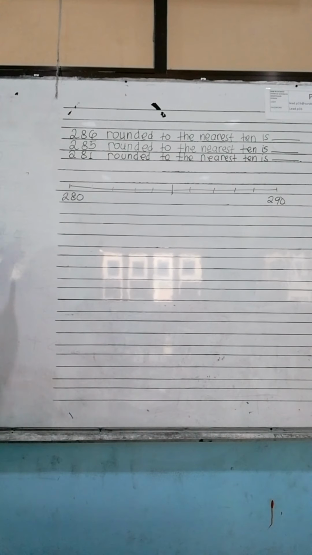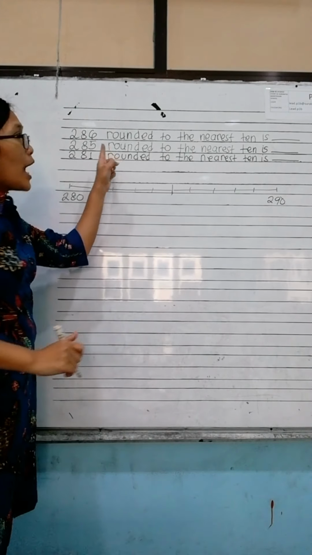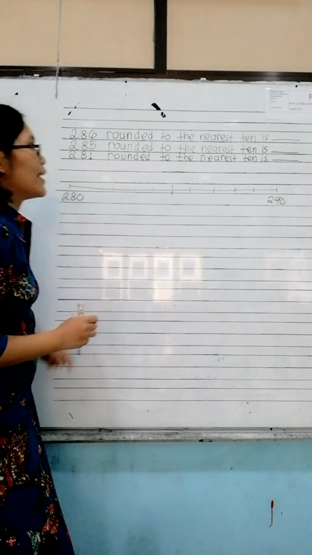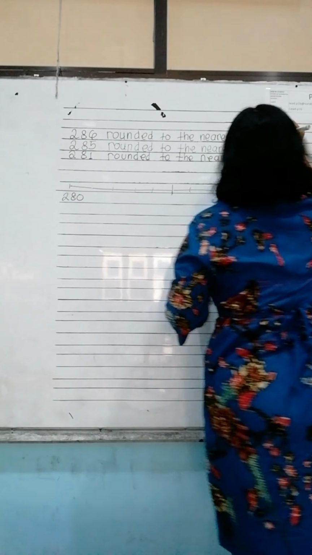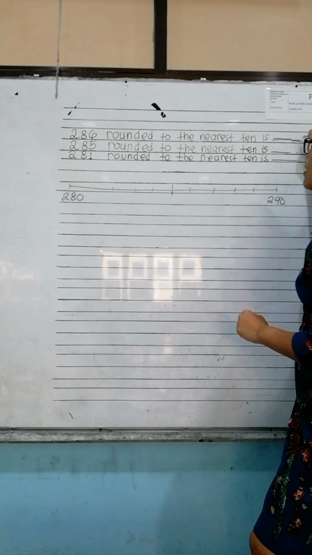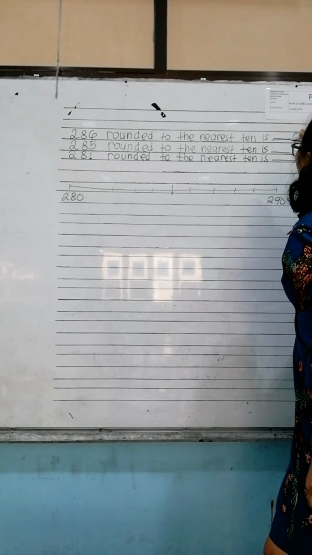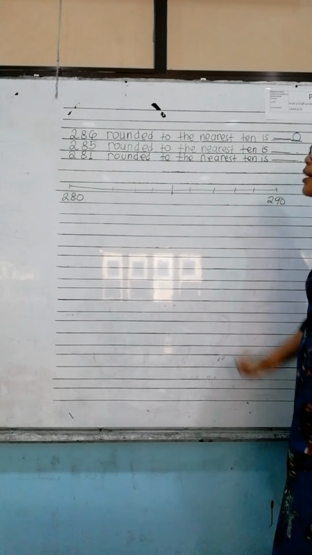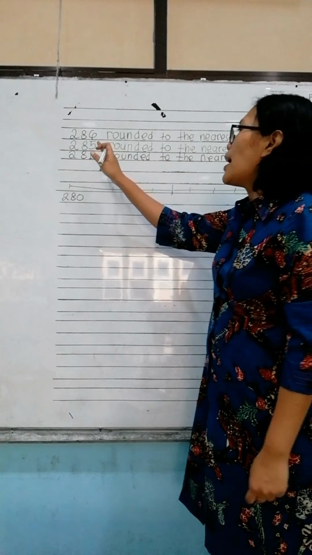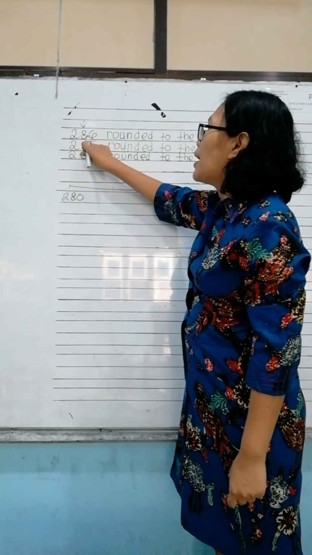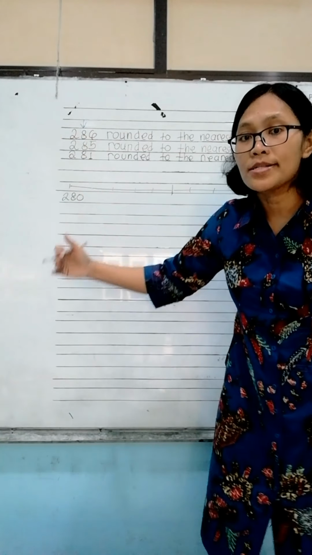Okay, I have 286. Rounded to the nearest 10, this is a 3-digit number, so I will just write down 3-digit number here. When it is rounded to the nearest 10, the ones is always 0. And then how do we decide whether the 10s place is rounded up or down?